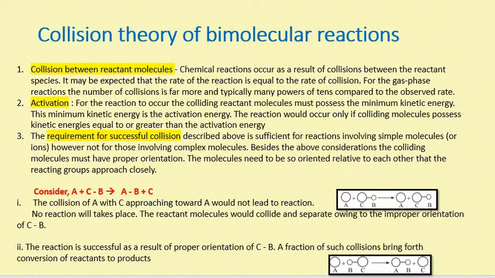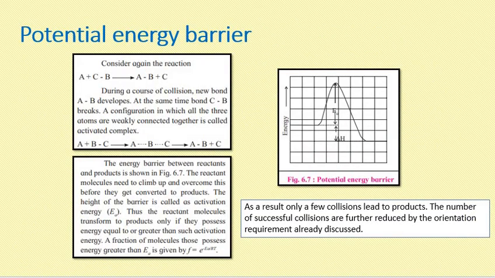Now let's talk about the potential energy barrier. During the course of collision, a new bond between A and B will develop. At the same time, the bond between B and C will break. The configuration in which all three atoms are weakly connected to each other is called the activated complex.